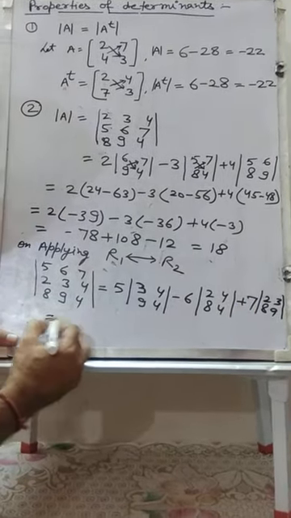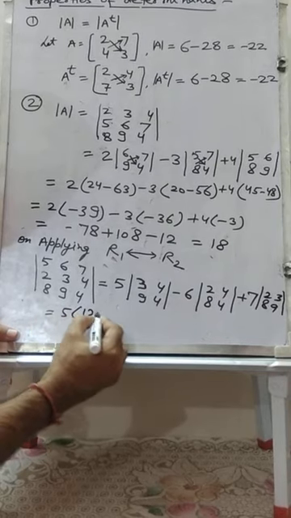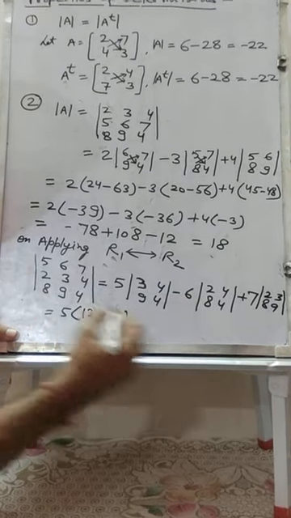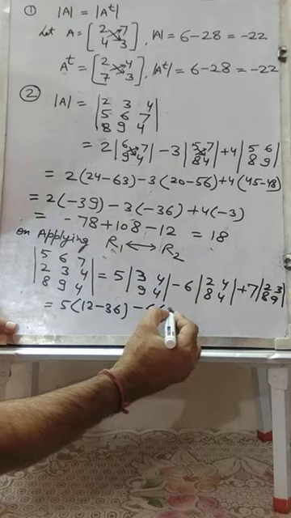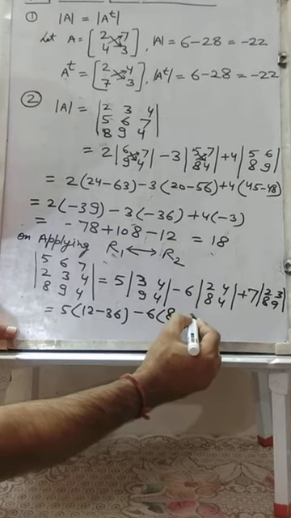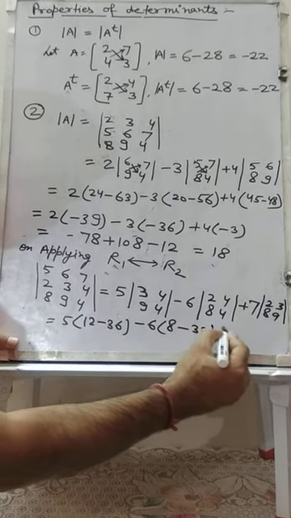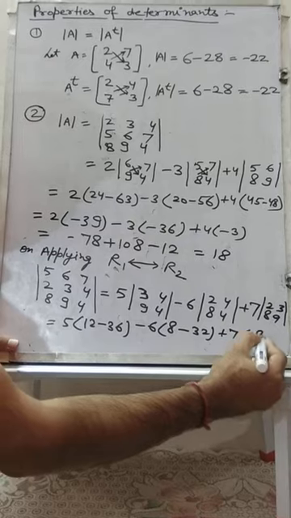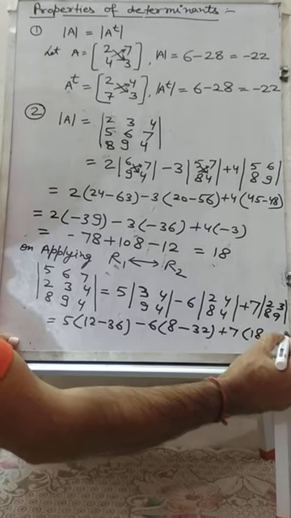So this is equal to 5 into (12 minus 36), minus 6 into (8 minus 32), plus 7 into (18 minus 24).